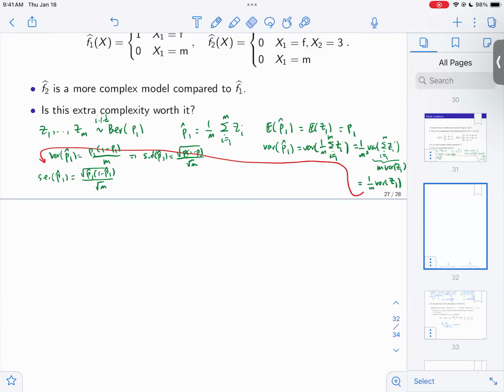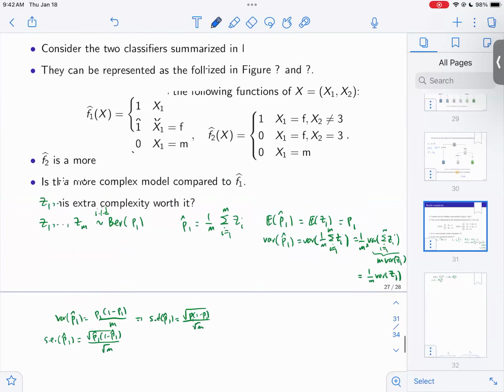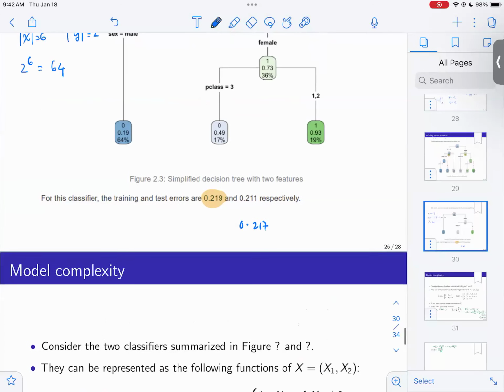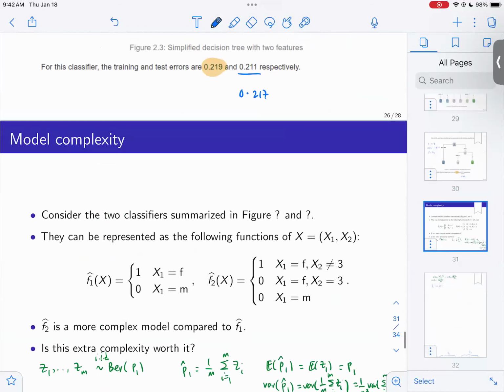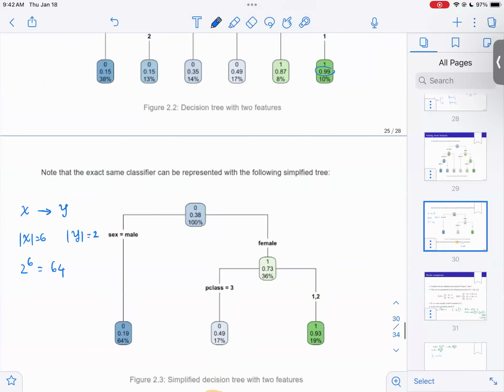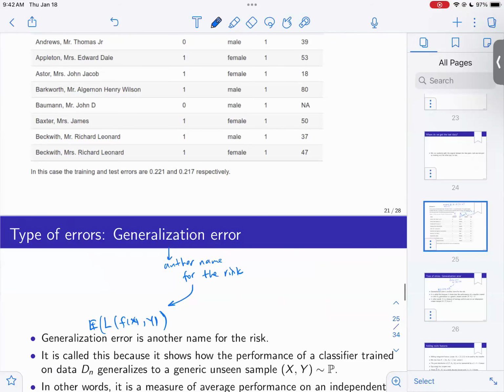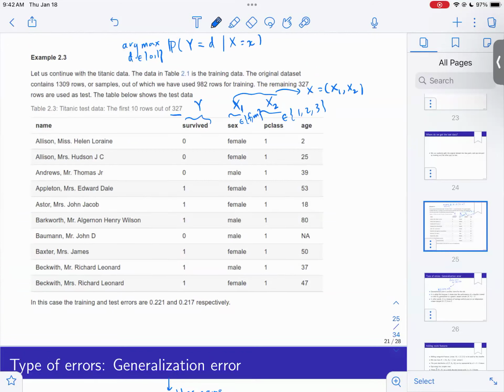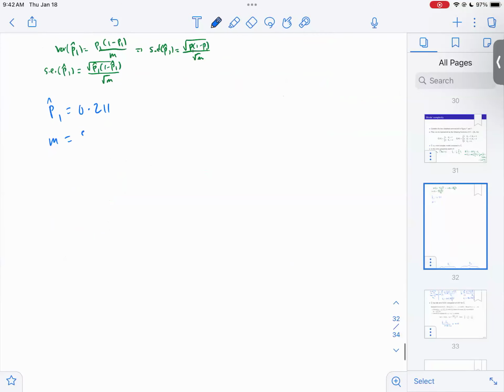So for example, let's say p hat 1 is 0.211. M, I believe, was 327, the size of the test data.